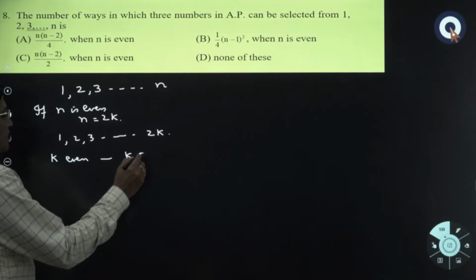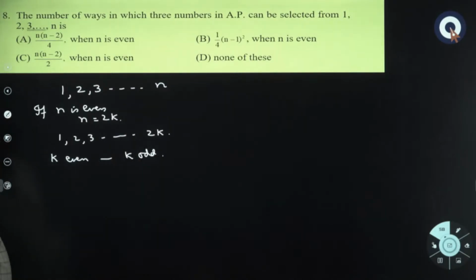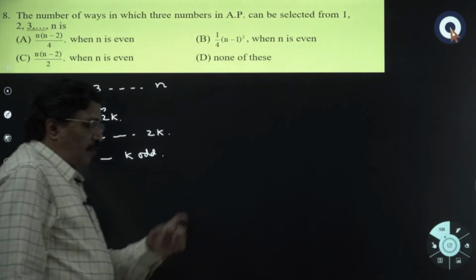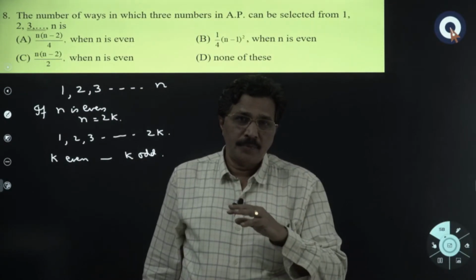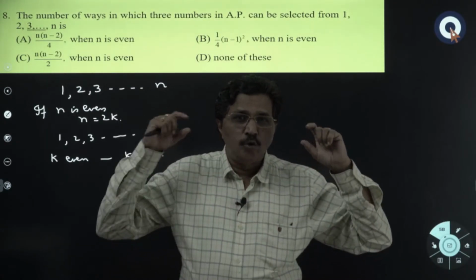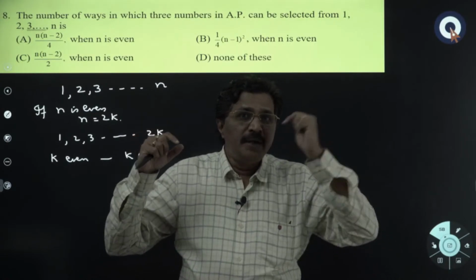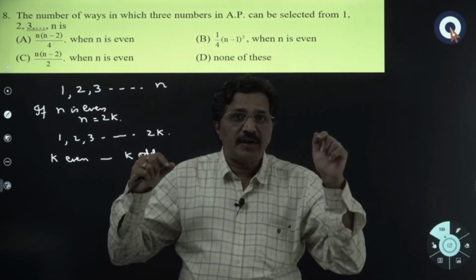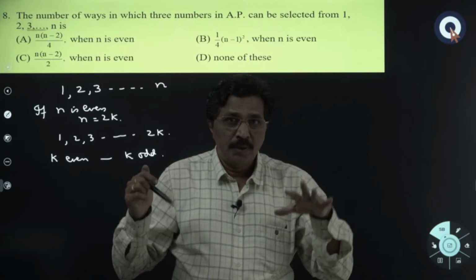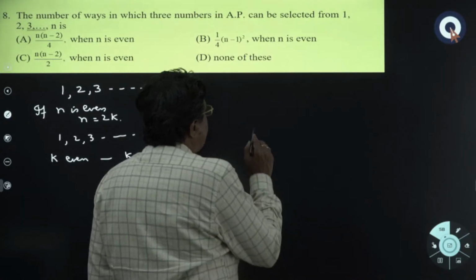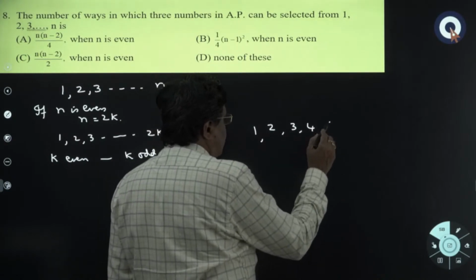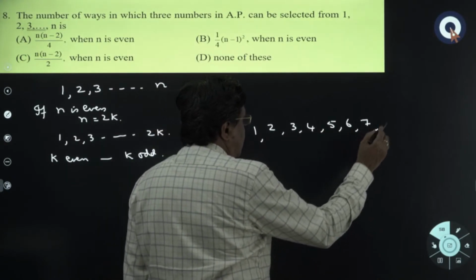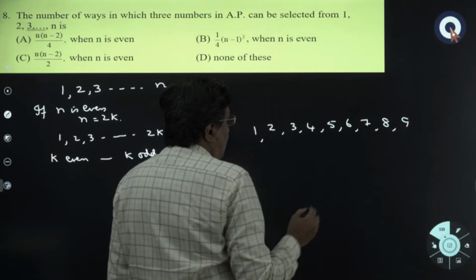Now, when you are selecting 3 numbers to form an AP, the first and the third number should be both even or both odd. Whenever you select the 2 end numbers, for the middle number there is a unique number such that all 3 will form an AP. For example, let us say you have 1, 2, 3, 4, 5, 6, 7, 8, 9 or 10.